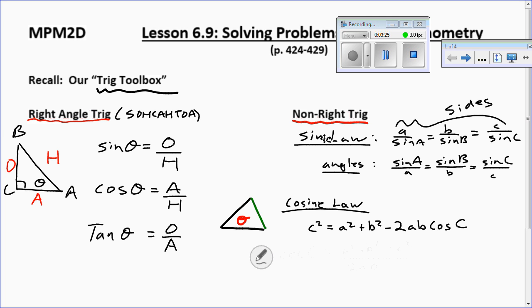So if I know these two numbers, say 15 and 12, and the angle theta was, say, 35 degrees, I could easily calculate this side. Let's call this side little x.